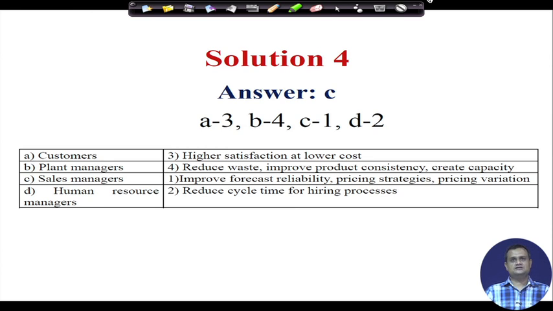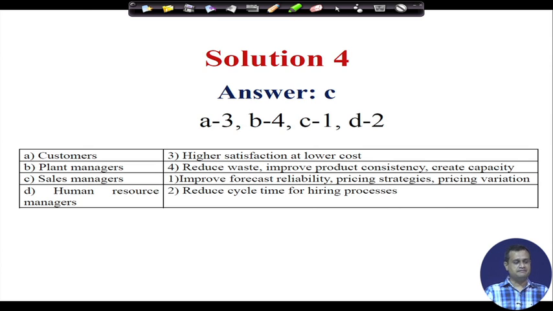You can see the solution is answer C, that is A is related with 3. Customers obviously expect higher satisfaction at lower cost. Customers would not like to compromise with the quality, including appearance, reliability, convenience, use and other features, and in the competitive world, customers would also like to have such a product at the lower cost.